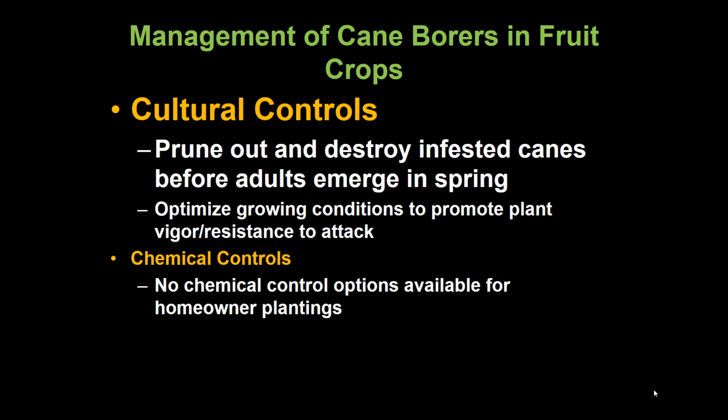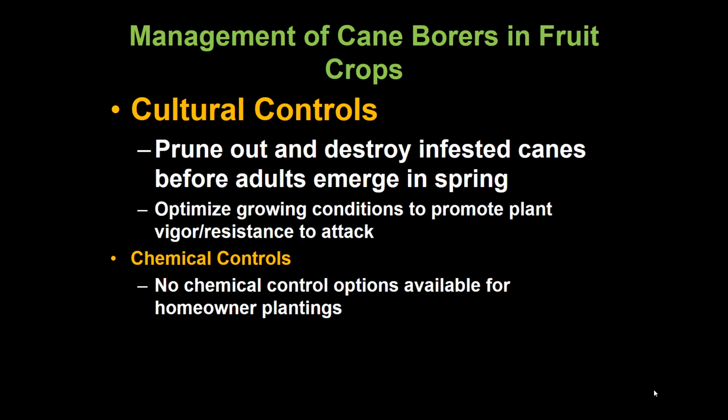So what do we do about cane borers in fruit crops? Cultural controls are very important. Pruning out and destroying infested canes before adults emerge in spring or whenever would be probably the most important single thing. So some of these, like the raspberry horntail or the raspberry maggot, you could see wilting and remove the plant tissue at that point when you're seeing wilting.